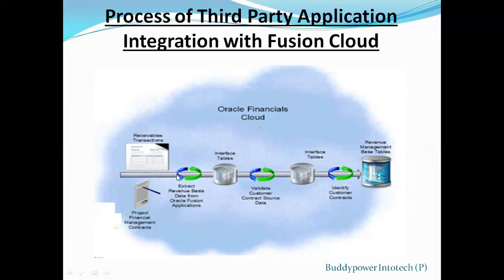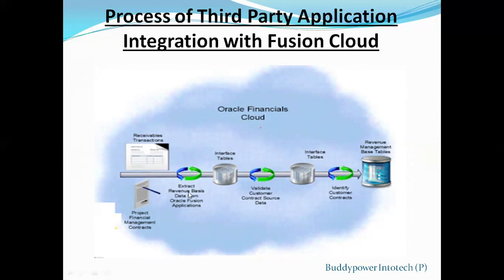You see here the receivables transactions. This is the Fusion application. Now the cloud project financial management contracts, since both of these applications contain data that is relevant to the new revenue recognition standard.